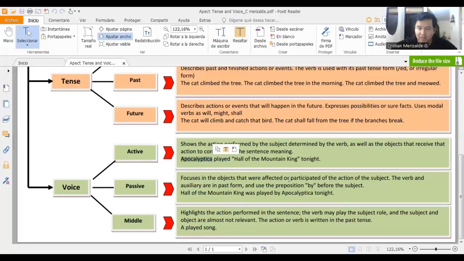In this case, Apocalyptica is the subject and the object is Call of the Mountain King. So here there is no relevance about the subject, and no relevance about the object either. It is just focused on "played song," play, that is the action.